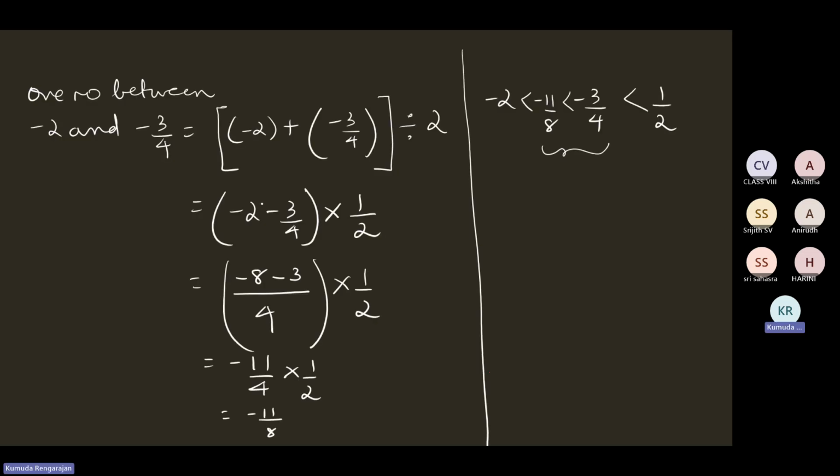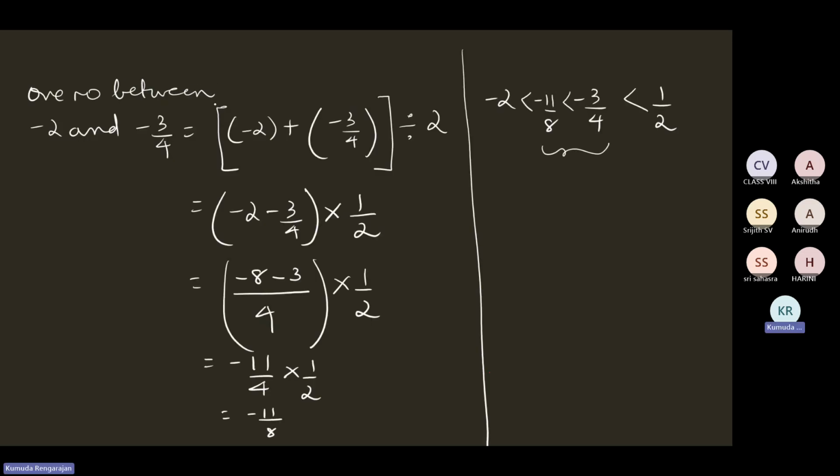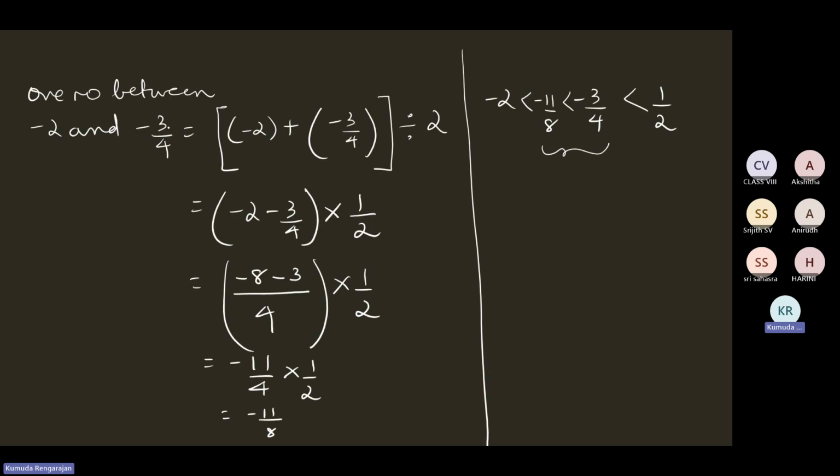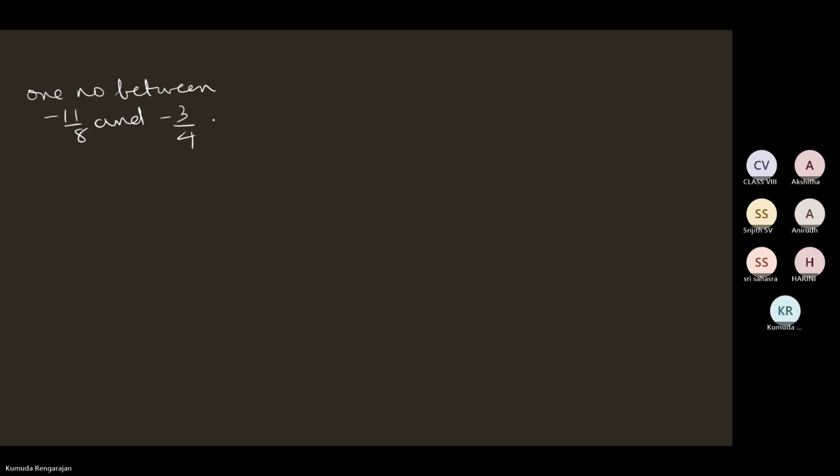So we have to find one more number, and we decided to find one number between minus 11 by 8 and minus 3 by 4. Tell me, how do we do this?